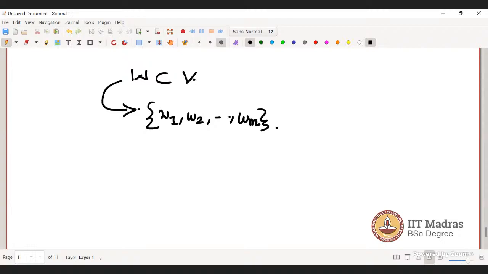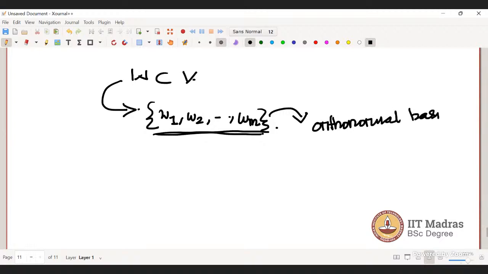But what I am trying to say is that now you convert this basis into an orthonormal basis using Gram-Schmidt. I'll denote this with the same notation. This is an orthonormal basis of W, right? So you take a basis of W and convert it into an orthonormal basis.